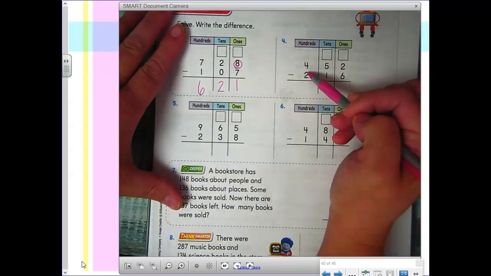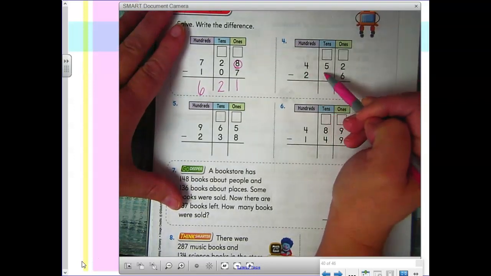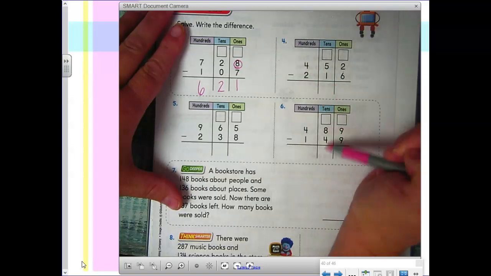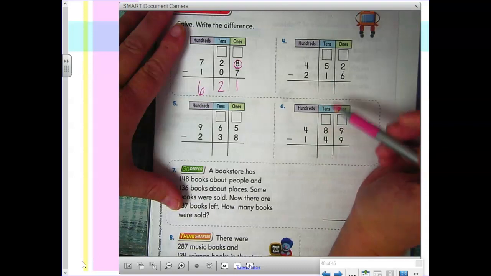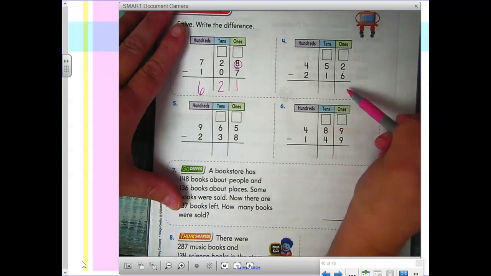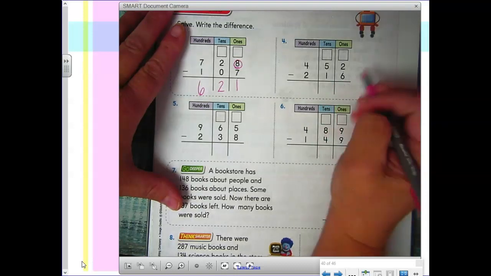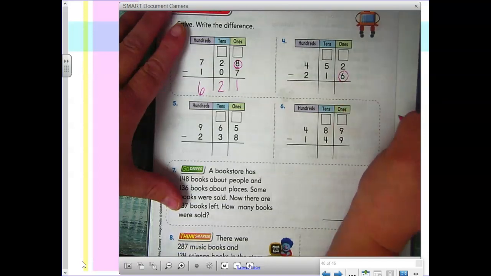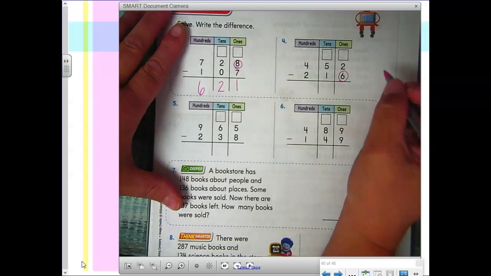All right, the next one. 452 minus 216. We start on the right. Where's your big number? On the bottom or on the floor. If it's on the floor, we go next door and grab 10 more.